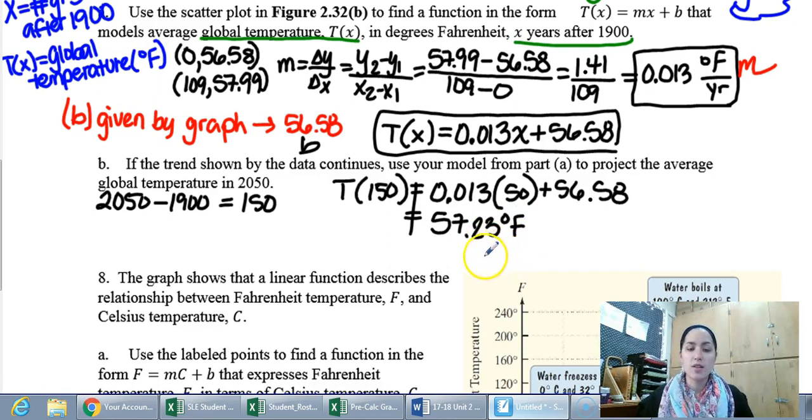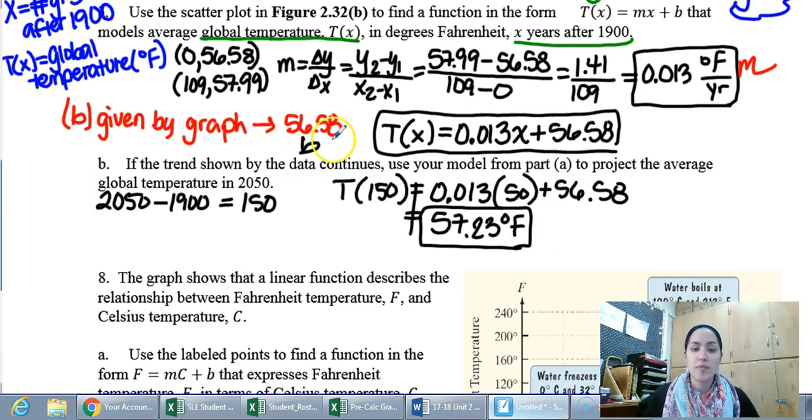So the projected global temperature in the year 2050 using this model is 57.23 degrees Fahrenheit. And if we look at the initial value, back in 1900, we've increased from 56.58 to 57.23, which, on a global scale, is definitely a big deal.